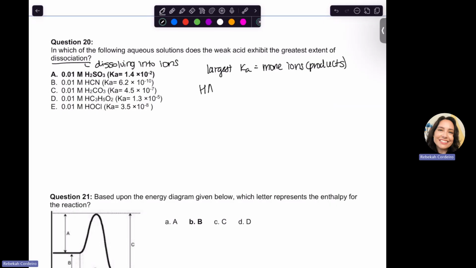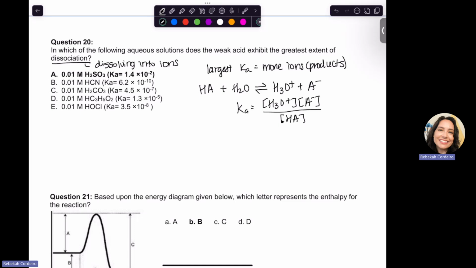So if you think about a generic acid reaction with water, the ions are the products. So if you have a K or an acid, this is the generic Ka. We don't include water because it's a liquid.